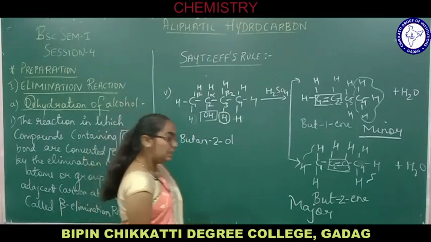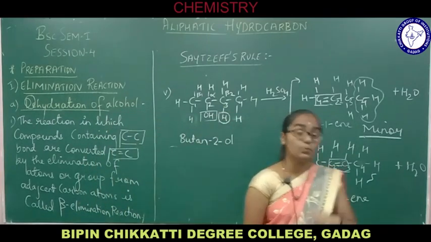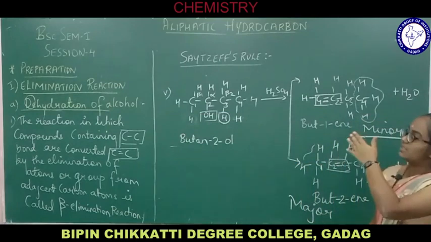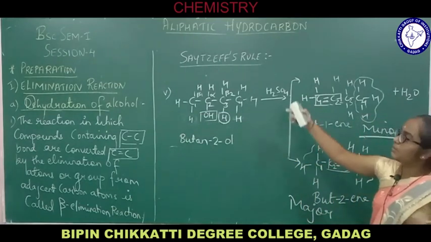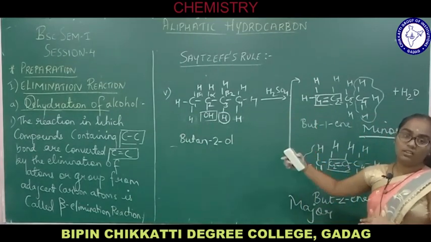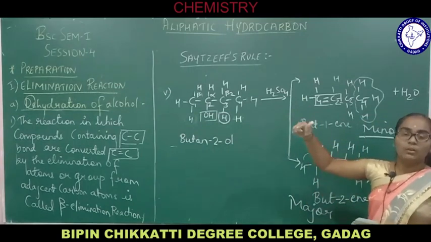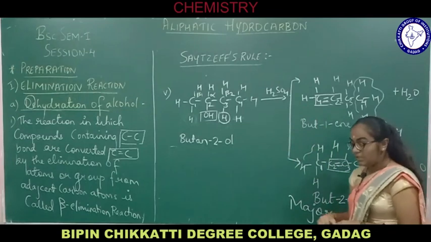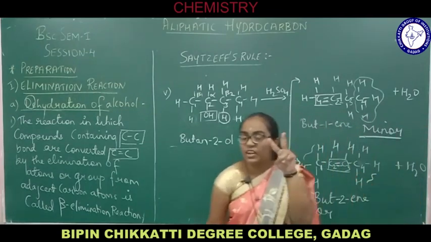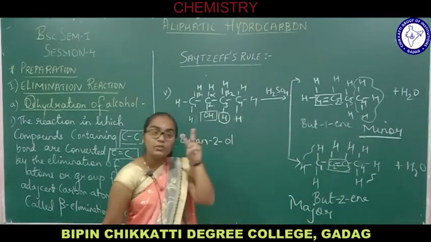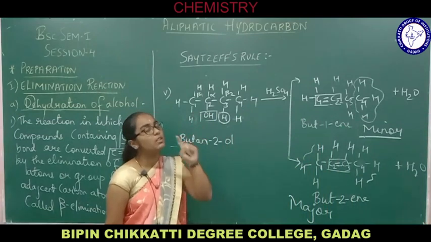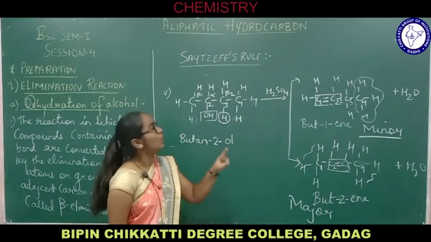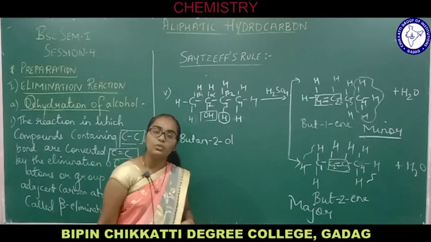So this is how the dehydration process is applicable with the Saytzeff rule, and this rule will be applicable after butanol, or whatever group comes, because you are going to get two products, and from those two products, which will be the major and which will be the minor will be decided by the Saytzeff rule itself.